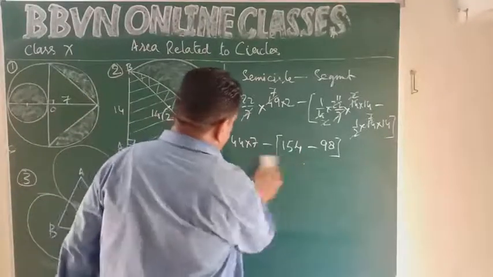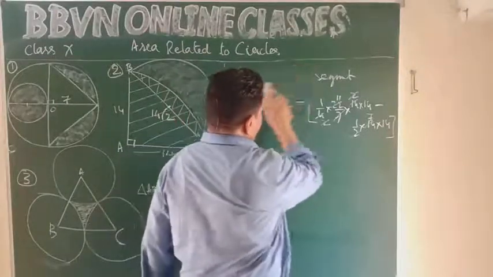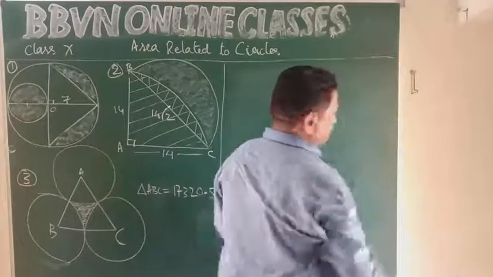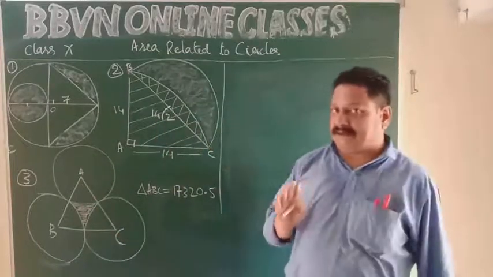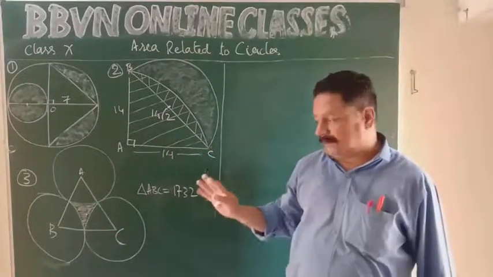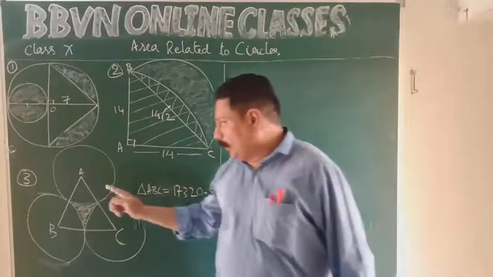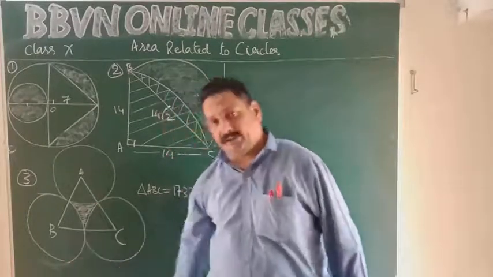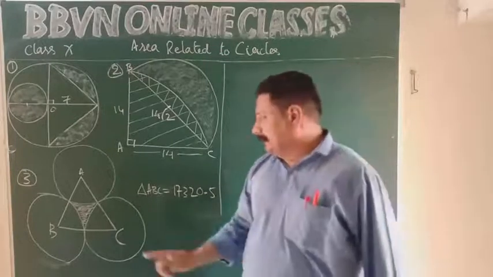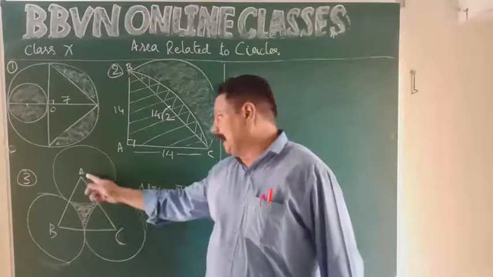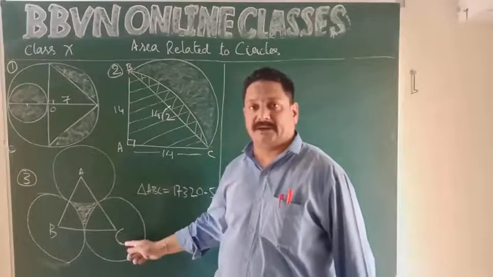Now please come to figure number 3. This triangle ABC, the question says it is an equilateral triangle. On each vertex of this equilateral triangle, we have made a circle such that the radius of the circle is half the side of the triangle.